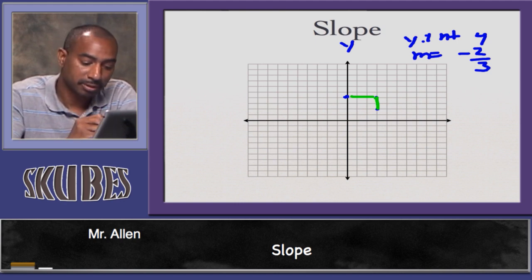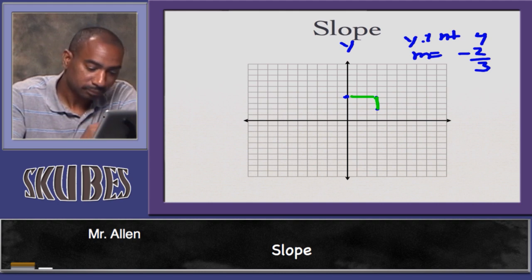And eventually you're going to connect the points. Let's do it one more time though. Here's another point. We're going to go to the right 3. 1, 2, 3. And then I'm going to go down 2. And if I connect those points, this is what I get.